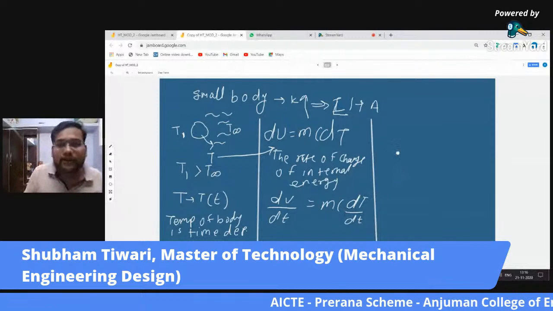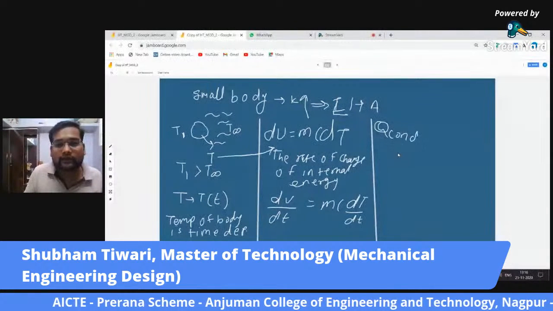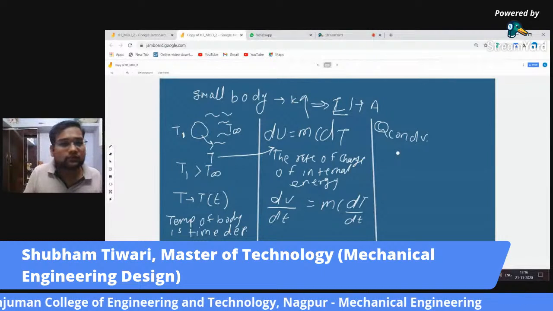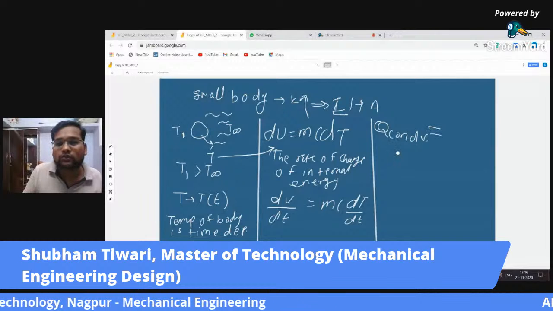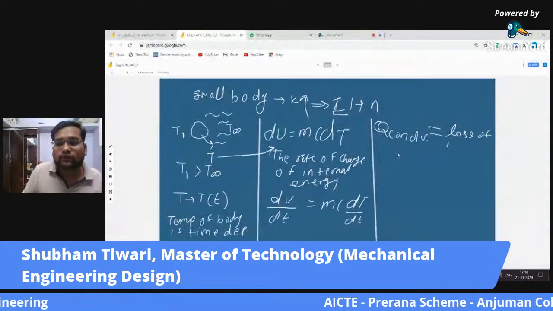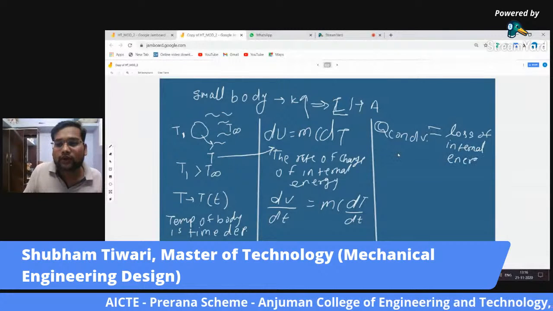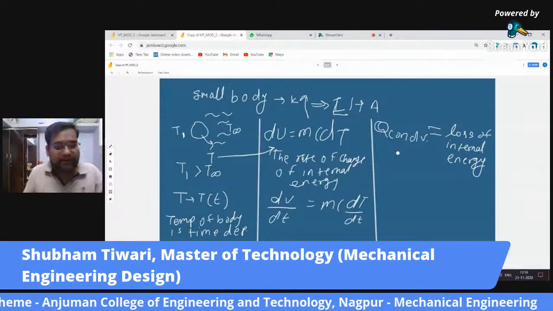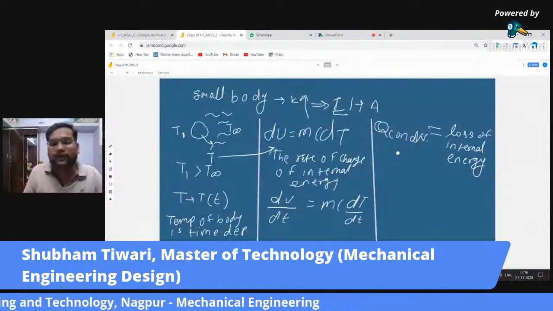Okay, now all the heat that was conducted or convected, Q convection, is equal to the loss of internal energy. So all the heat that was lost in convection is equal to the loss of internal energy.